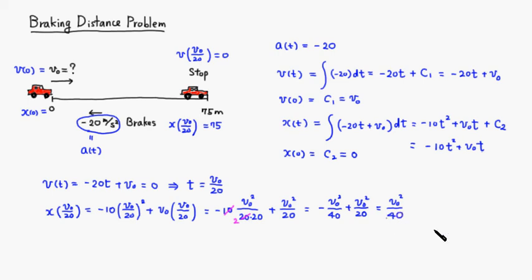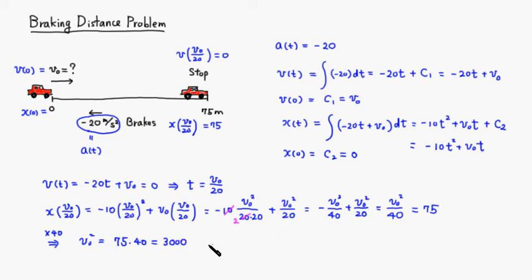And then we know that this is supposed to be equal to 75. So we set that equal to 75, and then we can just solve this. Multiply both sides by 40, so we get v0 squared is equal to 75 times 40, which is 3,000.